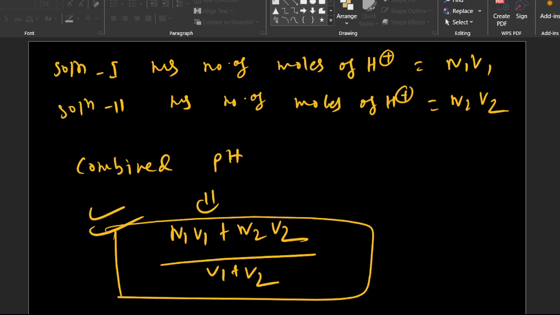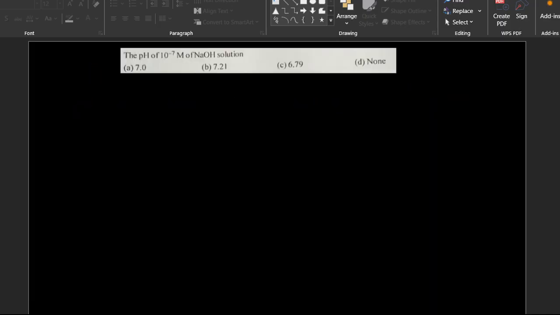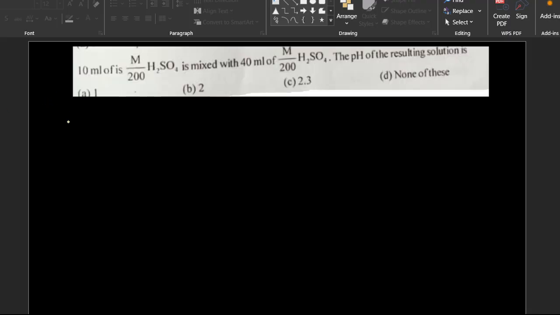So we will solve examples related to this. It will become clear. So in this example, we know that N equal to Mx.